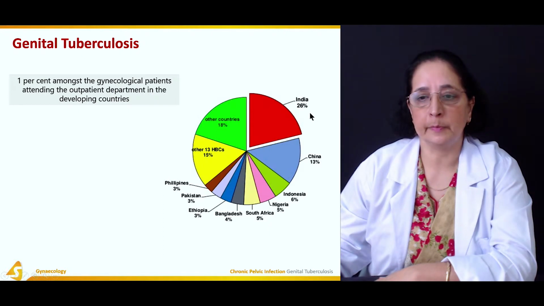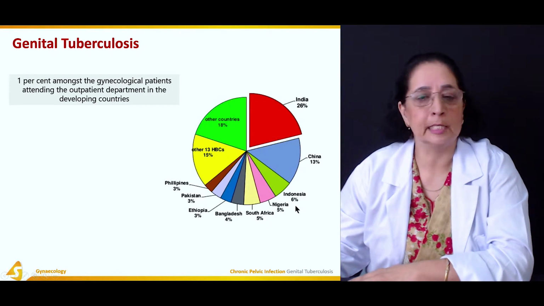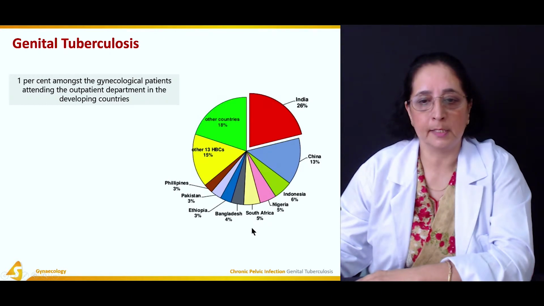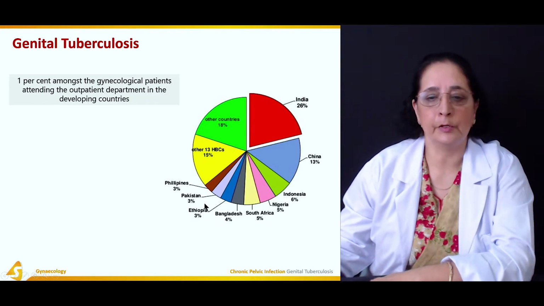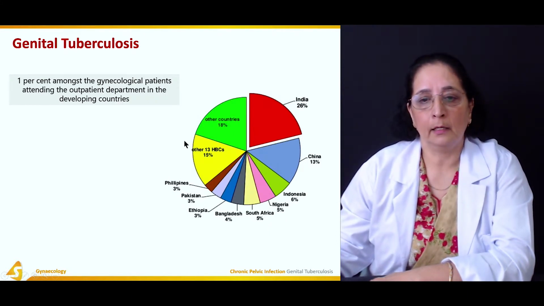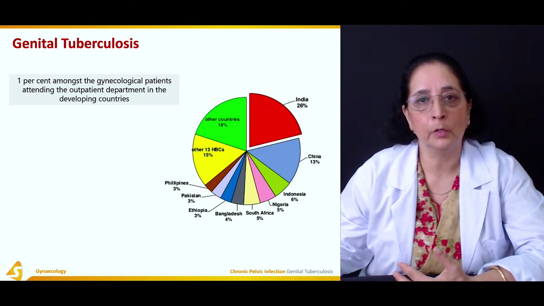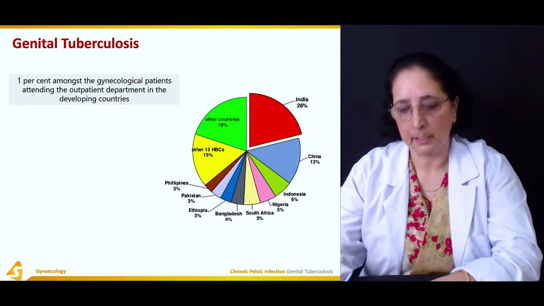In Indonesia it's 6%, Nigeria 5%, South Africa 5%, Bangladesh 4%, Ethiopia 3%, Pakistan 3%, and Philippines 3%, and other countries about 15%. So this is the statistics of genital tuberculosis in different developing nations.